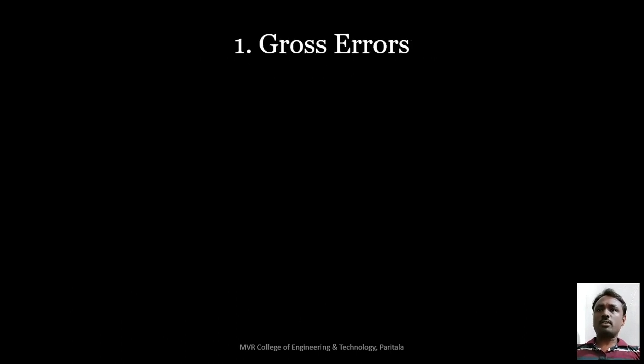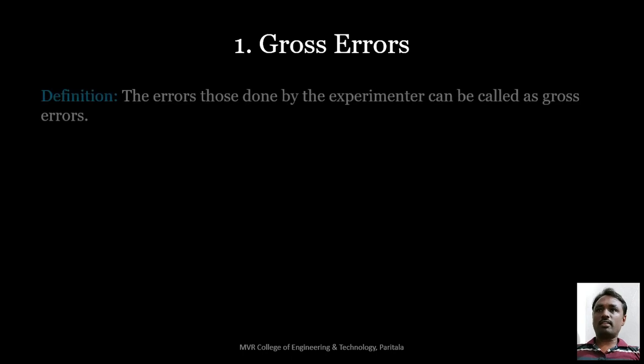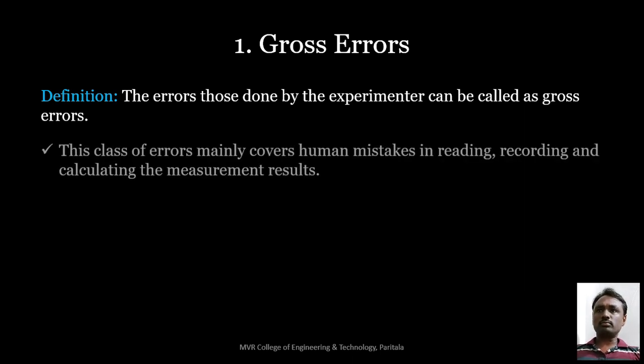gross error. So what might be the definition of gross error? The errors done by the experimenter can be called gross errors. These errors are done only by the experimenter, not because of the instrument. If the experimenter makes any mistake, it causes errors, and those can be called gross errors.